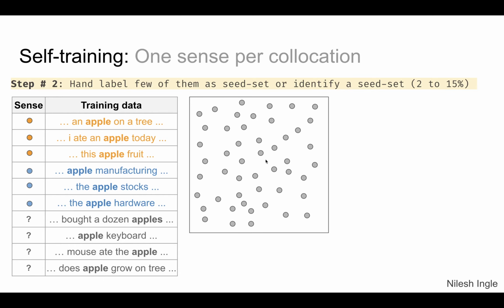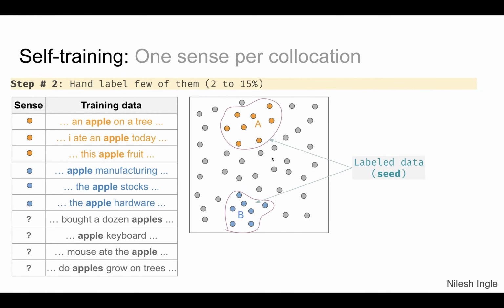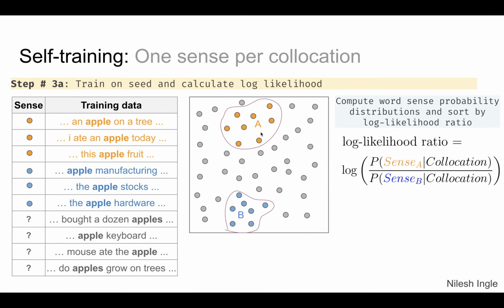And this is now the set of data points that we are trying to find out which class each of these belong to. Do they belong to the fruit or the machinery? And so we start with these seed data points that we have, class A and class B, B for machinery and A for fruit. And with these data points, we compute the probability distributions and calculate the log likelihood ratios.